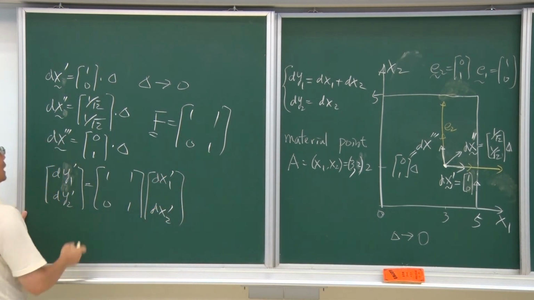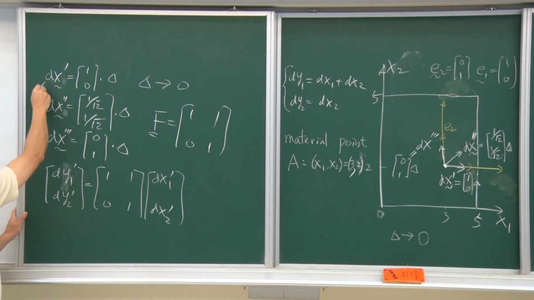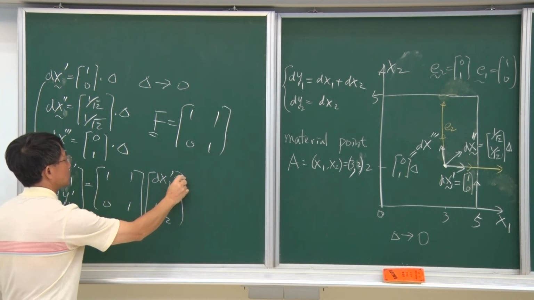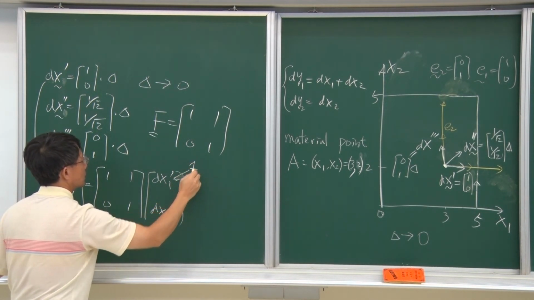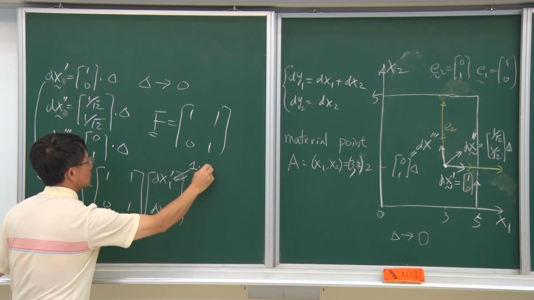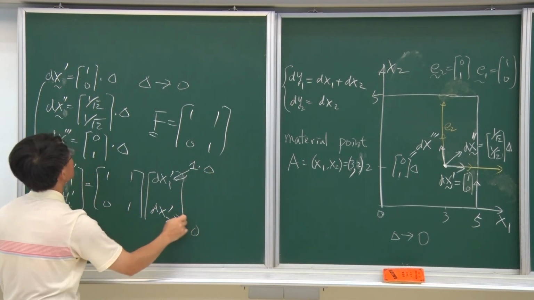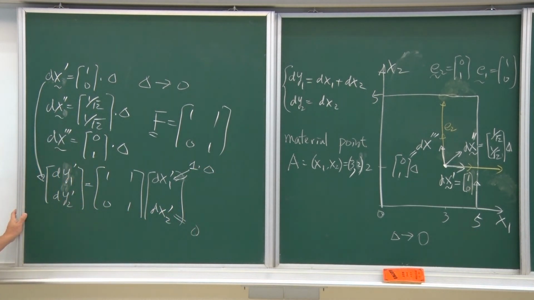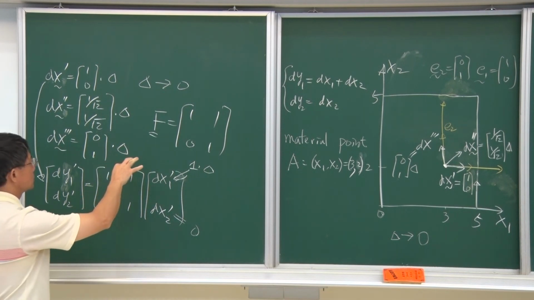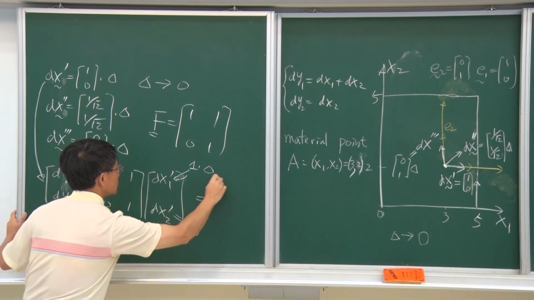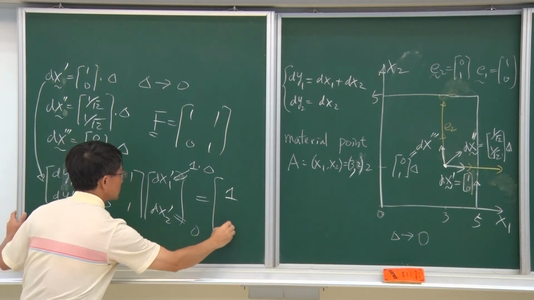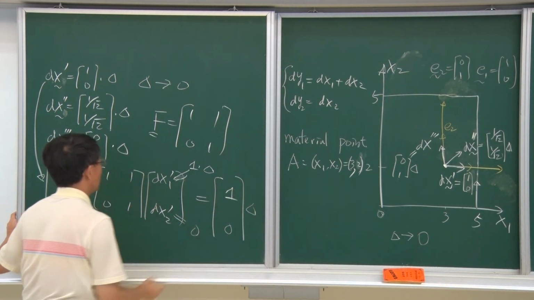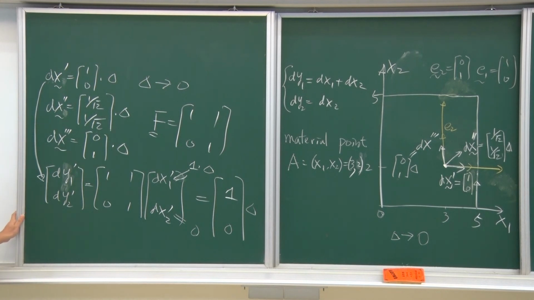where this material line will go. It goes to 1, 0, 1 delta. So you deform in this way.